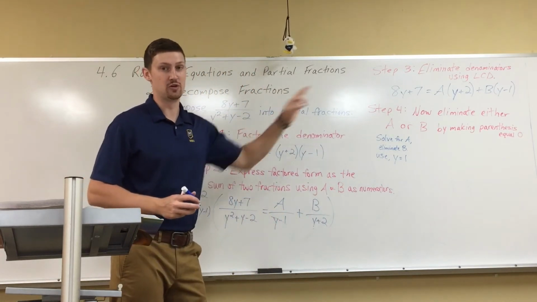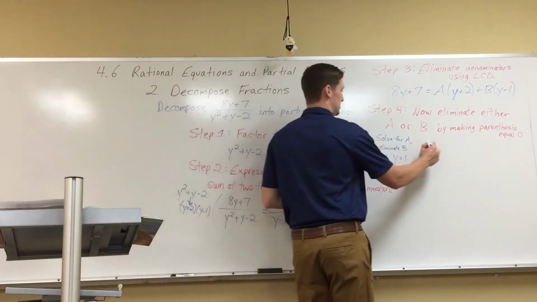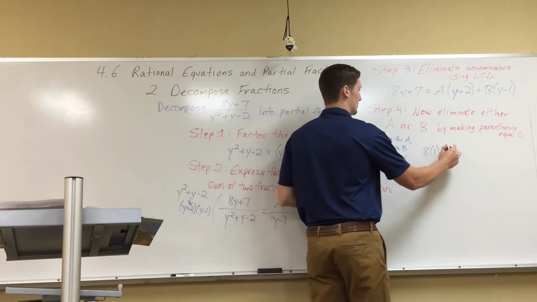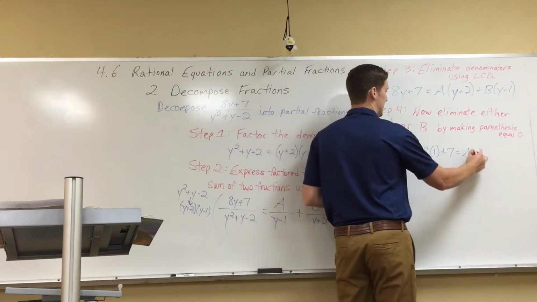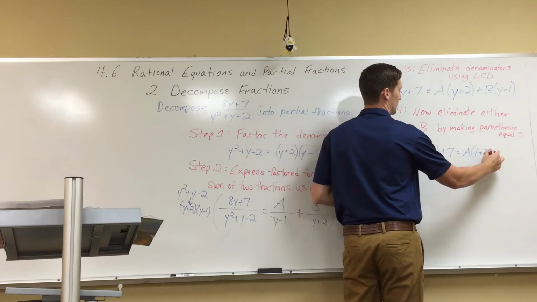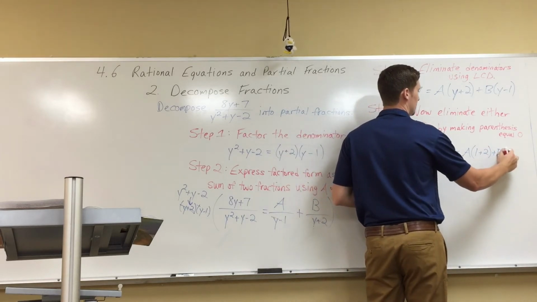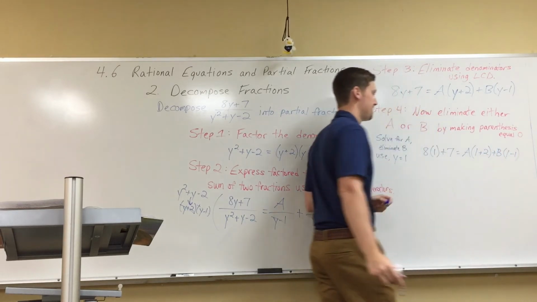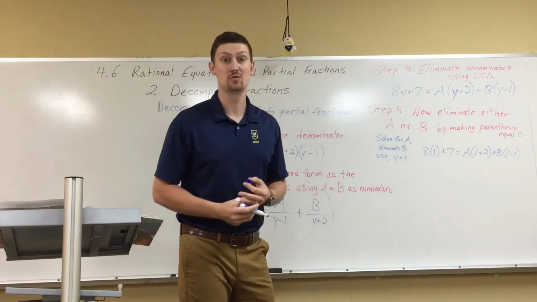If I do that, it has to be true for the whole equation. So I get 8 times 1 plus 7 equals a times, y is 1, plus 2, plus b times, y is 1, minus 1. Let's solve. Notice what happened.